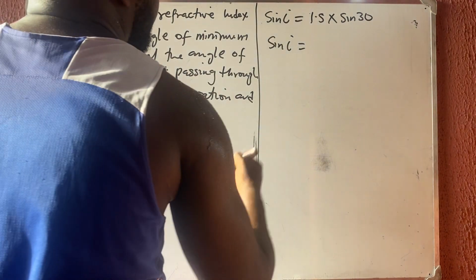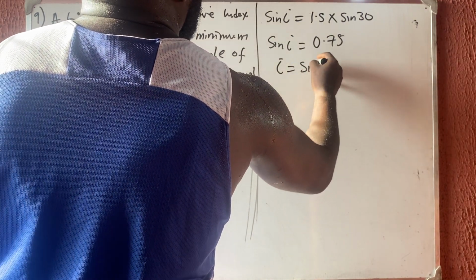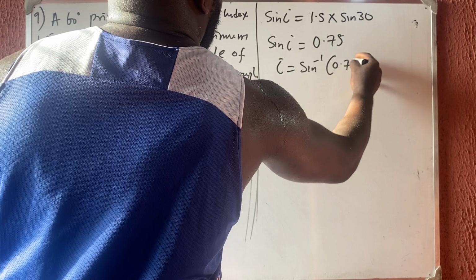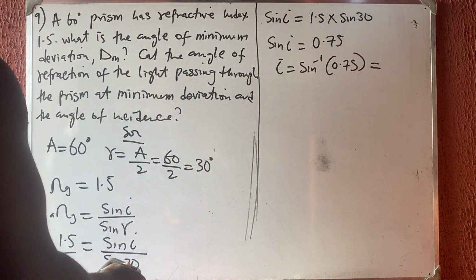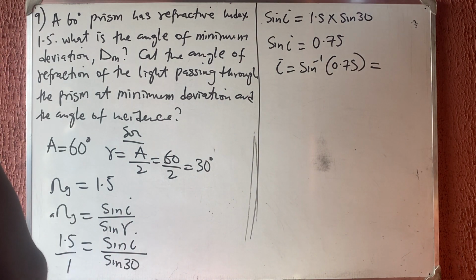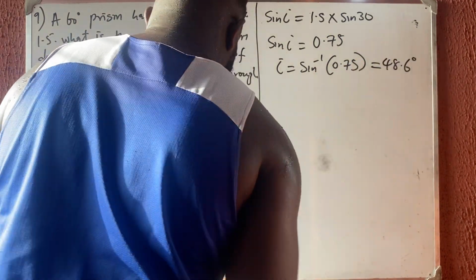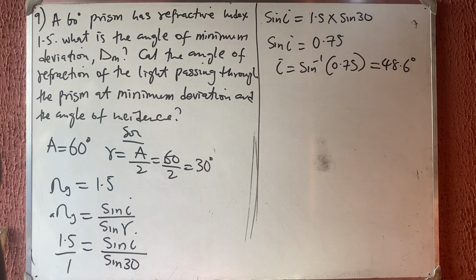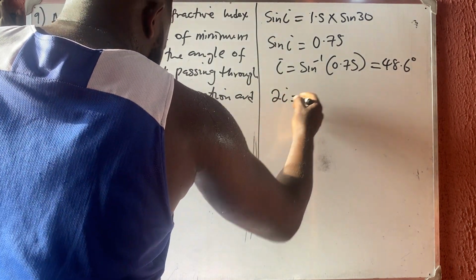So I'm having 0.75. So therefore my I will now be the sine inverse of 0.75, which is 48.6 degrees.